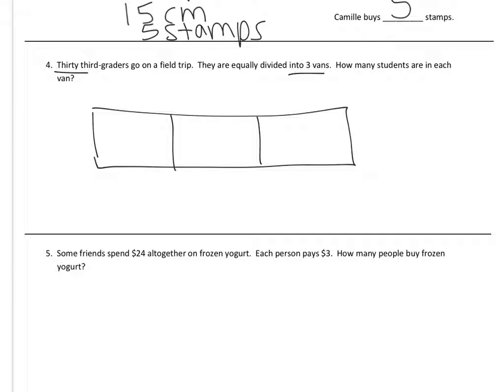How am I going to figure out how many to put in each group? I can put one dot in each group until I get to 30. I'm going to count in my head so I don't mess up your counting. 30.